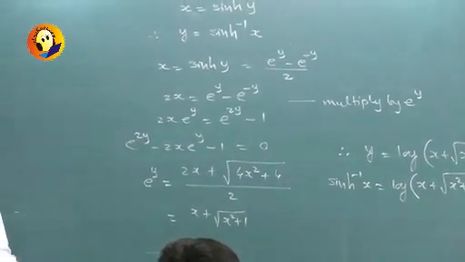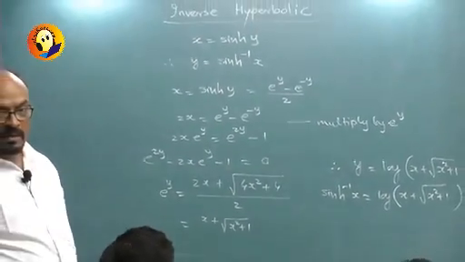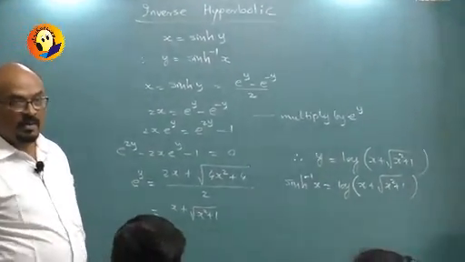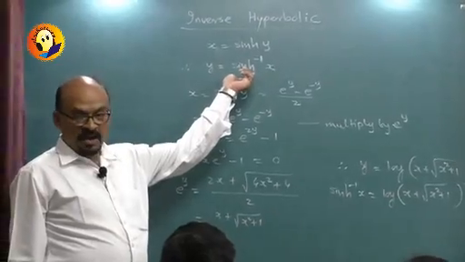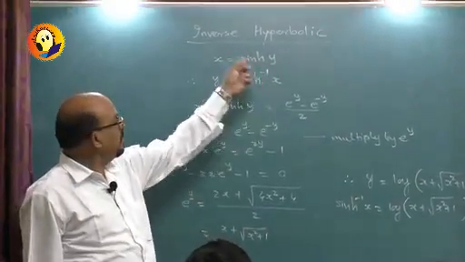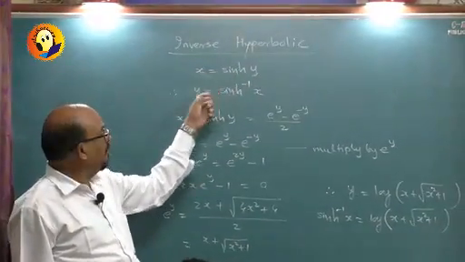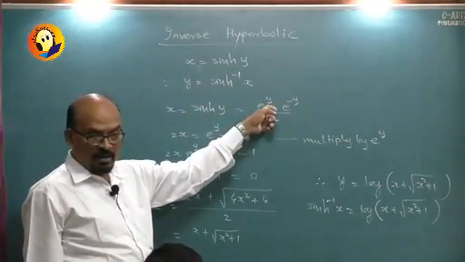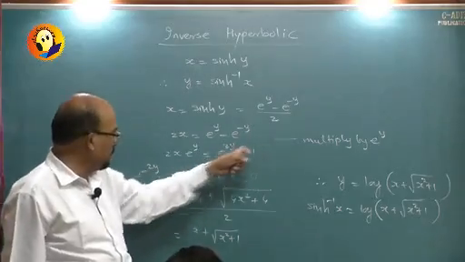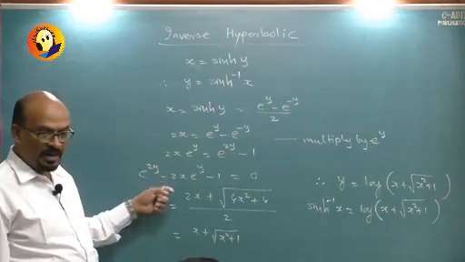Make a note and then give me a break of 5 minutes, when you will find the formula for cos inverse. Start exactly on the same lines. x is equal to cos y, y equal to cos inverse x. Write the formula, multiply by e raised to y, you will get a quadratic.